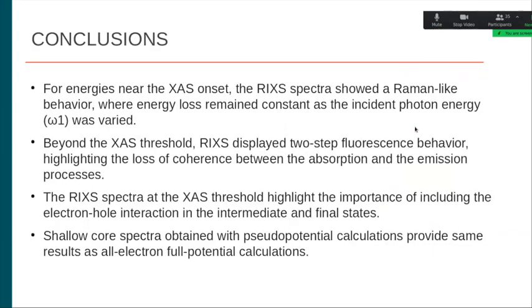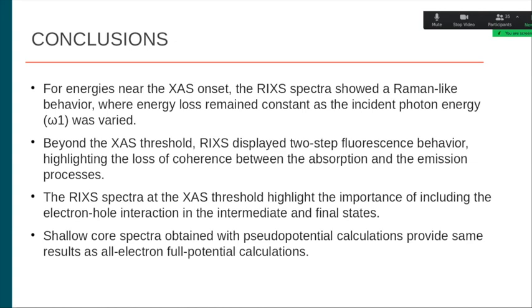So finally, some conclusions. We have observed that for energies close to the X-ray absorption onset, the RIXS spectra showed a Raman behavior. This means that the losses remained constant when the incident photon energy was varied.